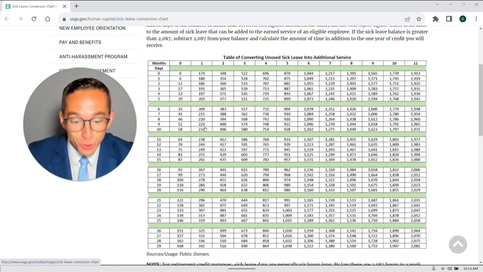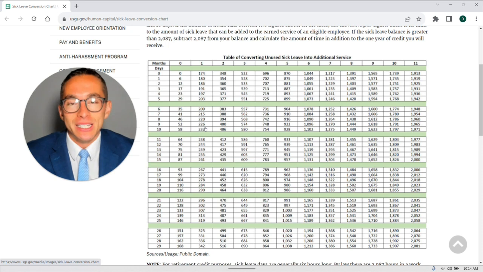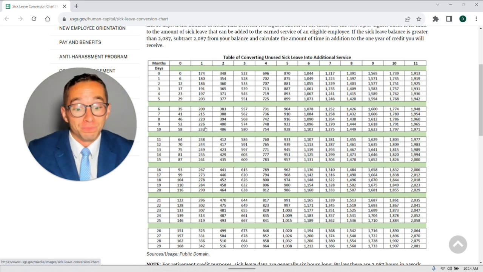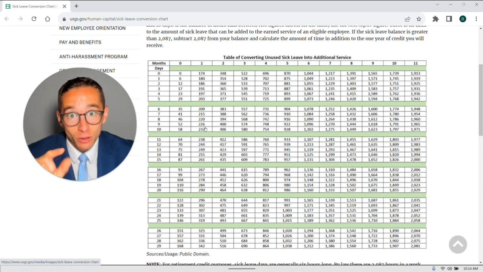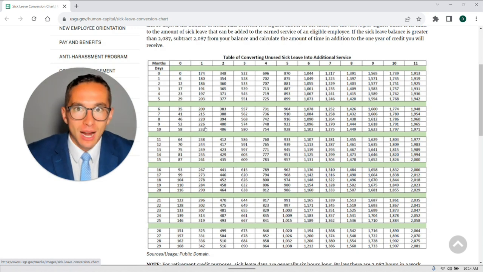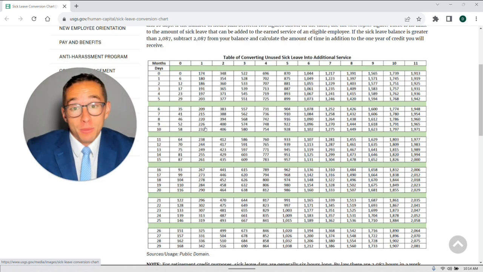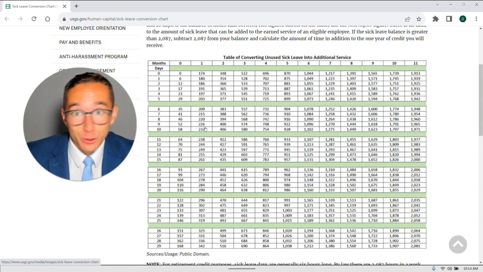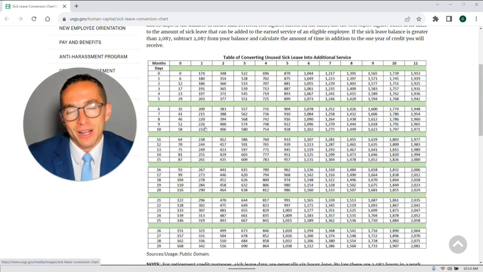So if you do the math and you have any extra days of sick leave that could potentially add into your pension, but won't because they're going to be left over, they're not going to make a full month at retirement, then you may want to use them or retire sooner or something so that you get credit for that time.